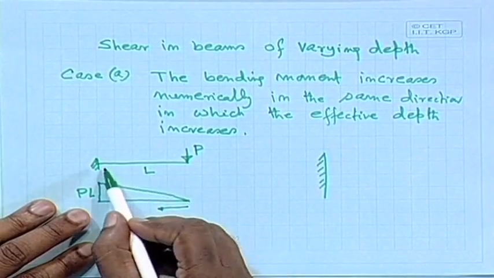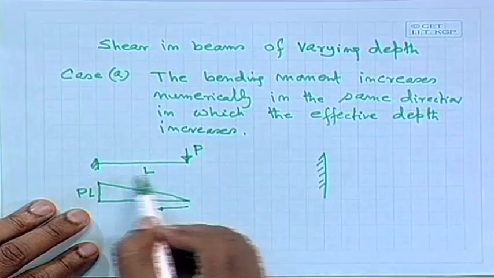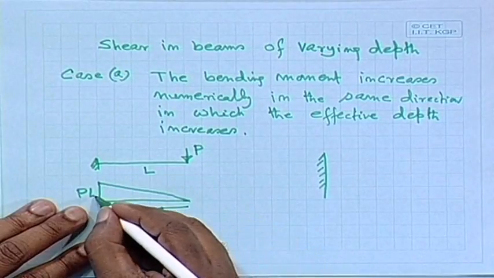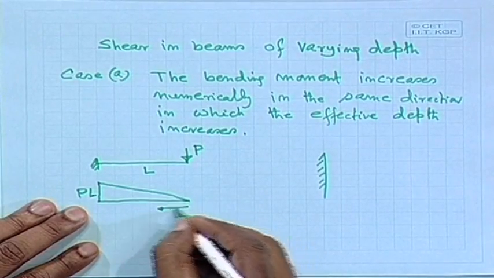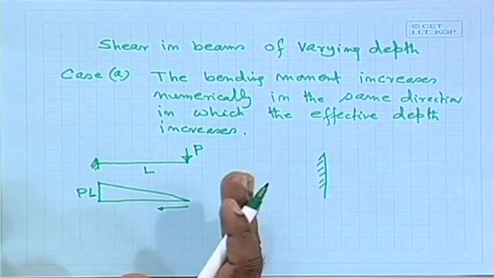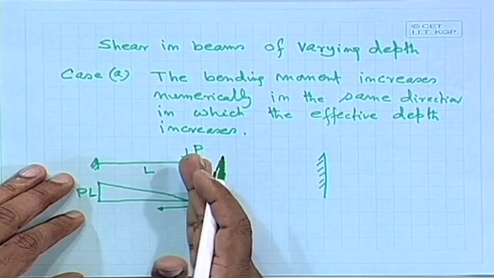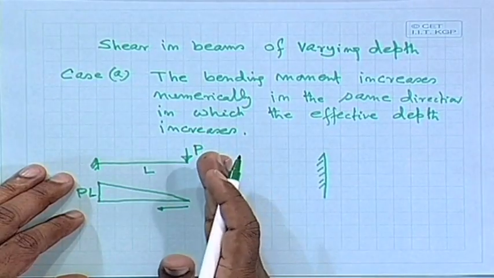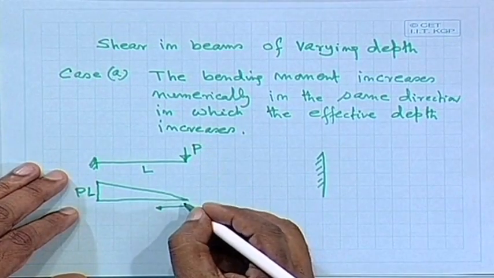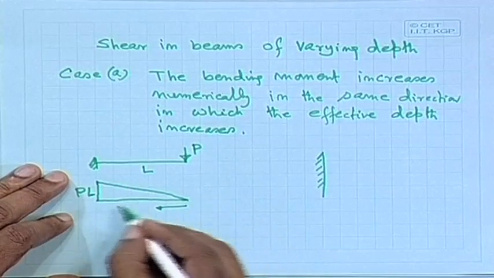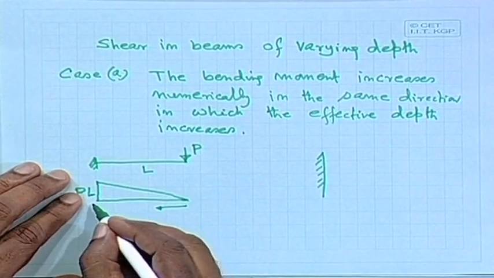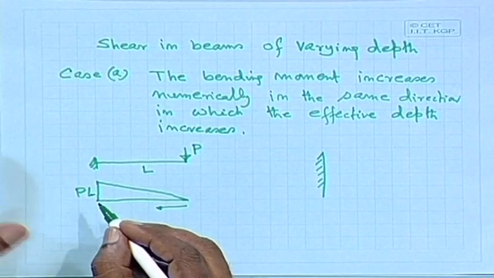It is not a good practice that we provide the same depth. Generally, we provide the maximum depth at the support, and at the free end we provide a little less, maybe 250, 200 or 150 millimeter depth, whereas on this side we are providing the maximum, because it is the support.